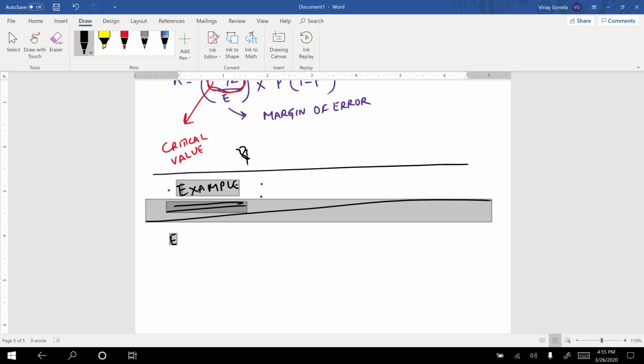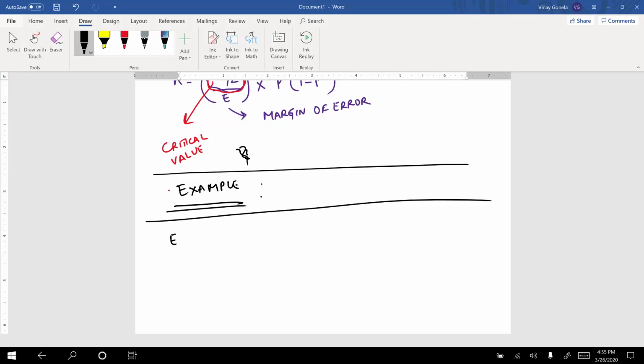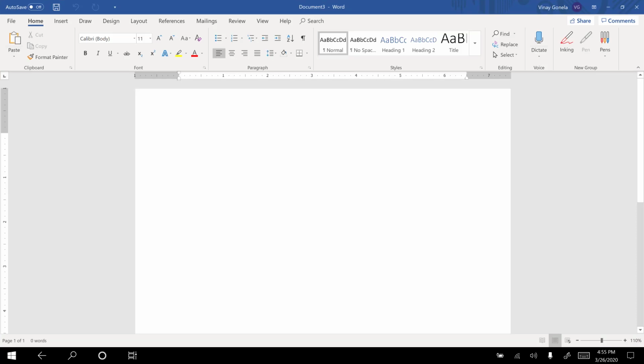Maybe I'll use a new sheet for this and try. Okay, so this is again sample size for proportion. I'm sorry for that. So the formula which I gave, I'm writing it again because something weird happened.